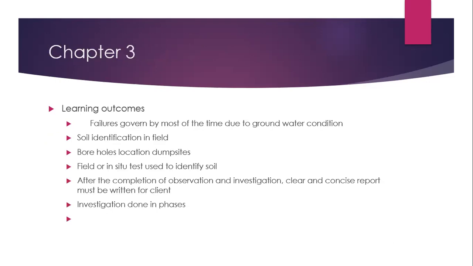In chapter number 3, what we learned is that failures are governed most of the time by groundwater conditions. For this, you have to identify the soil in the field and decide the number and depth of the boreholes. Usually, groundwater has been responsible for many failures in geotechnical engineering.